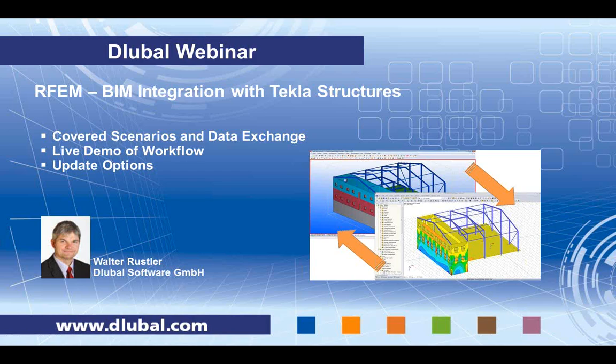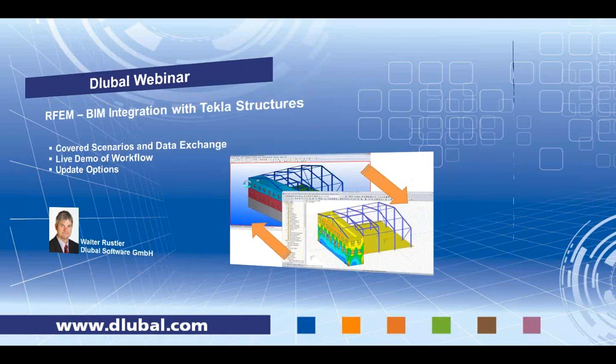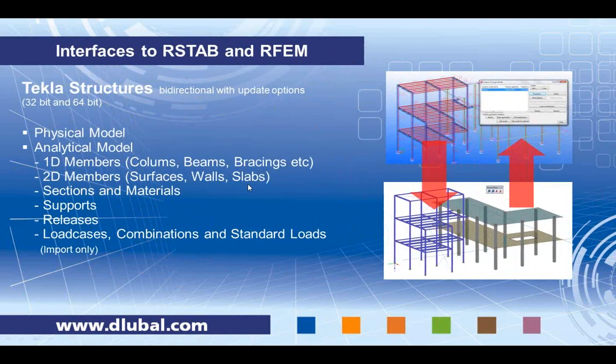So in a sense, it gives us more specific options to import and export data and to directly connect the objects in both applications. It is a bidirectional interface with update options, and it works in a 32-bit and a 64-bit environment.